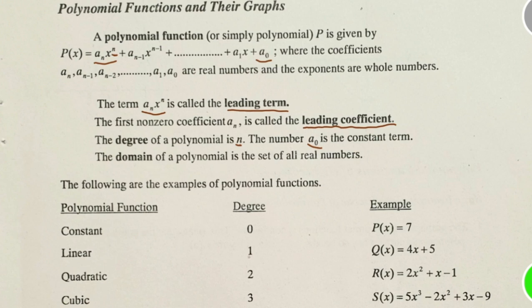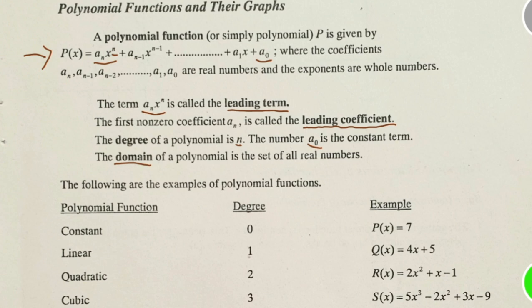Domain. The number a_0 is the constant term. Okay, the domain of a function. So here in this expression, p of x is the second coordinate, x is the first coordinate. So the domain is all possible values of x.